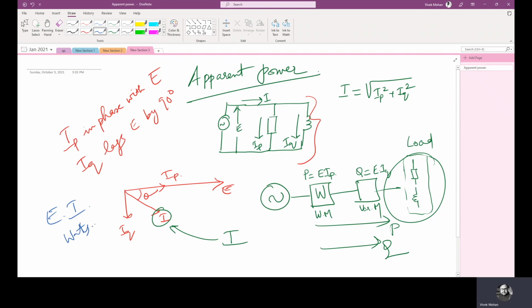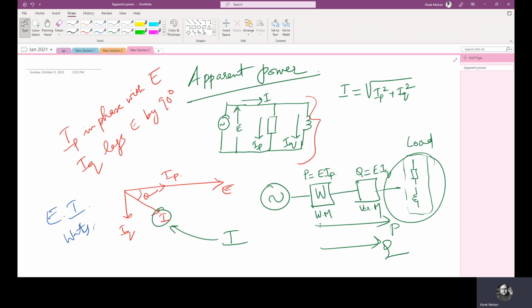But this is obviously incorrect, because previously our circuits had either pure reactance or pure resistance. There, if I multiplied the source voltage with the current, I got either reactive power or active power.